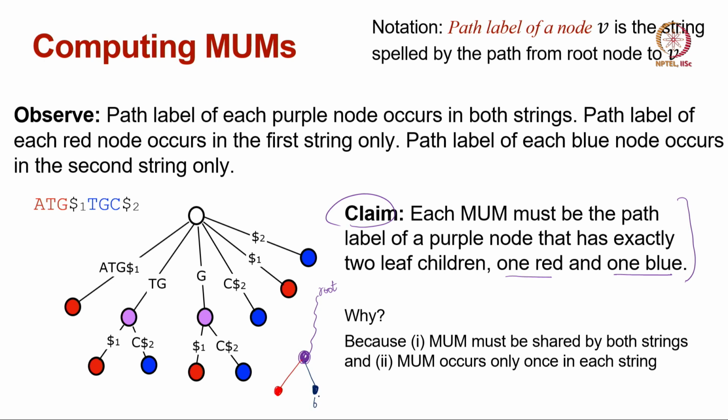So, this is a blue leaf node, and this is a red leaf node.